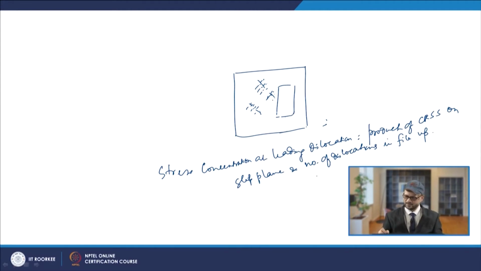Now, this magnitude of the concentration depends upon the grain size. A larger grain size gives a larger pile up, so the concentration is a function of the grain size, and a larger grain size will have a higher stress concentration.